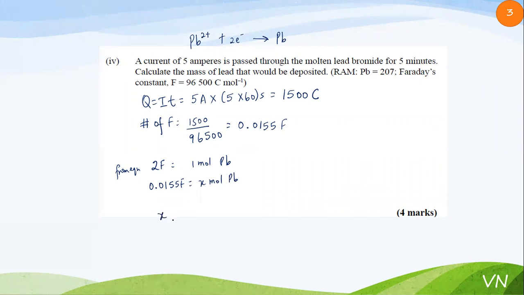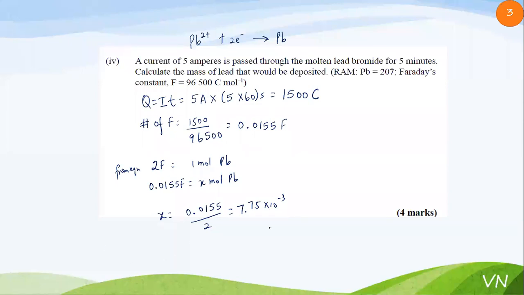So therefore, X will equal 0.0155 divided by 2, which is equal to 7.75 times 10 to the minus 3.